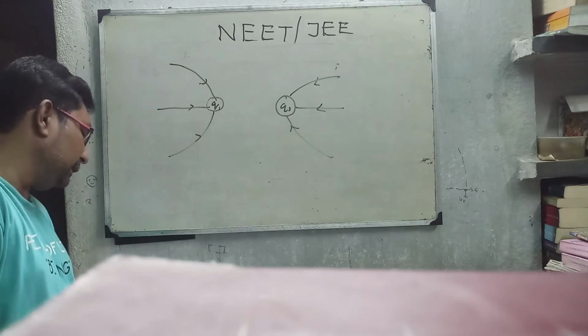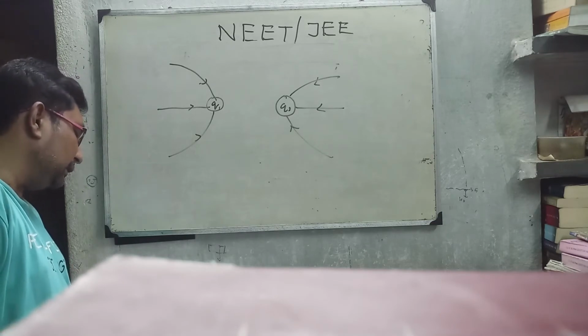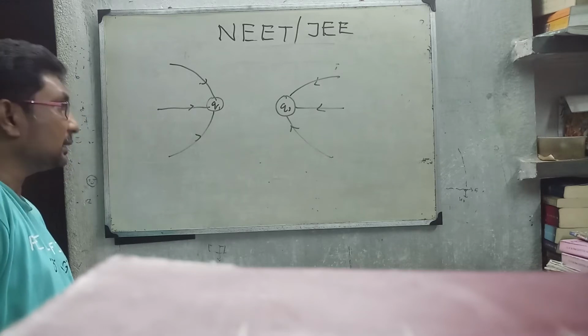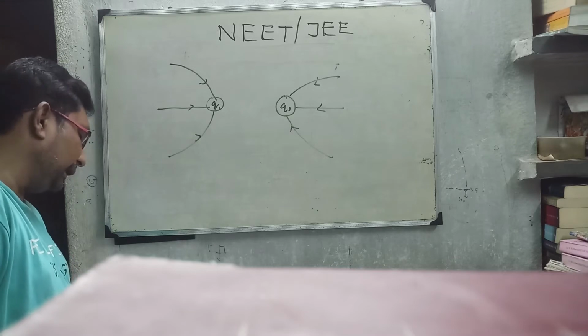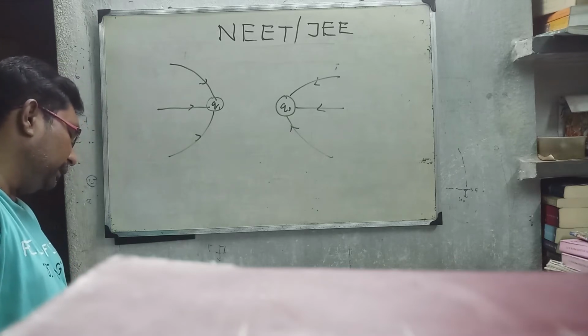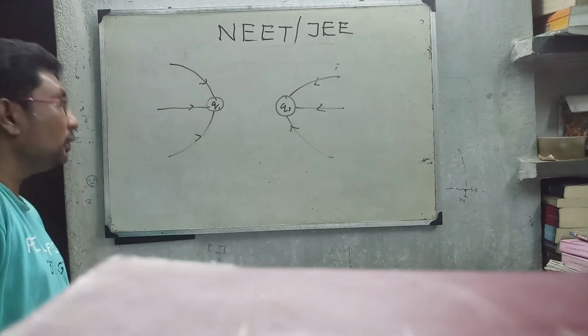What are the signs of the two charges? Very easy. The options are: both negative, both positive, Q1 positive but Q2 negative, Q1 negative but Q2 positive.